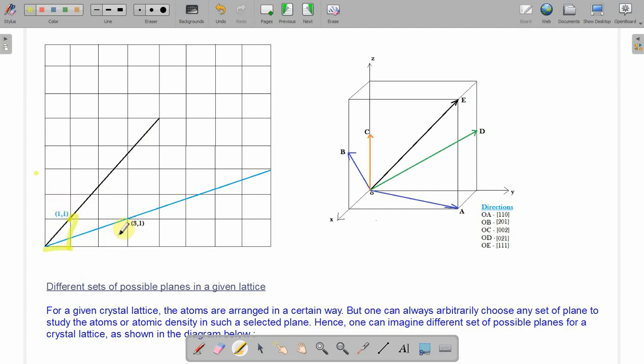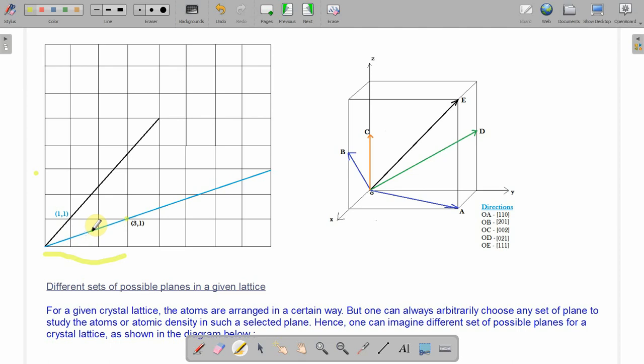Now, the blue line: the smallest possible value along the x direction is 3 units, and the smallest possible integer value along the y axis is 1 unit. So, the direction of this line is 3, 1.